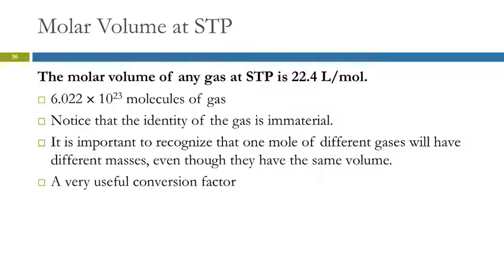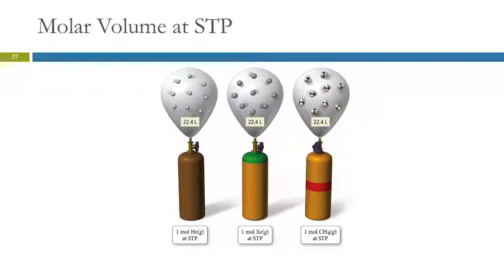Here we have pictures. Here's helium, xenon, and methane at STP. 22.4 liters for 1 mole of each of them. They don't all weigh the same though. How much does this 1 mole of xenon weigh? 131.3 grams.